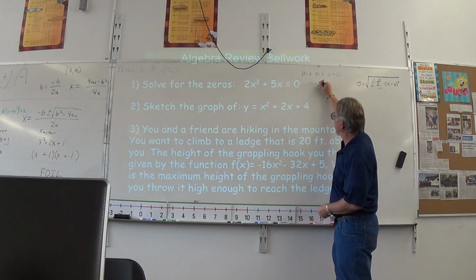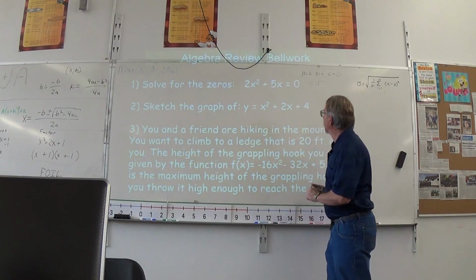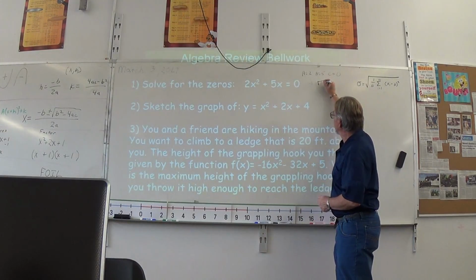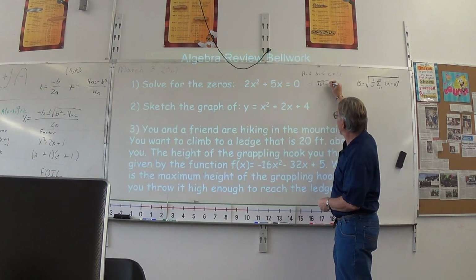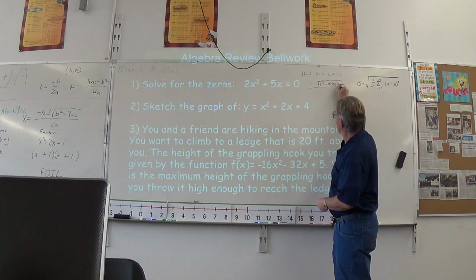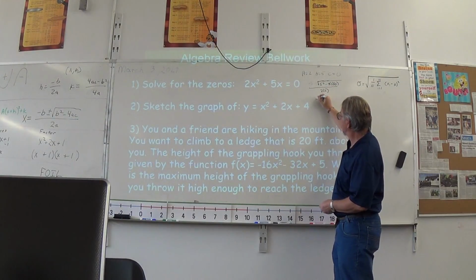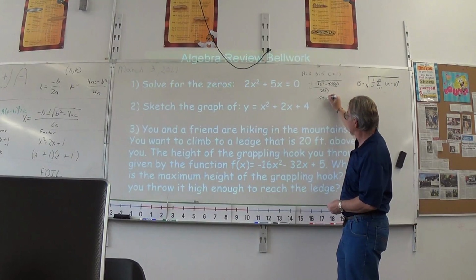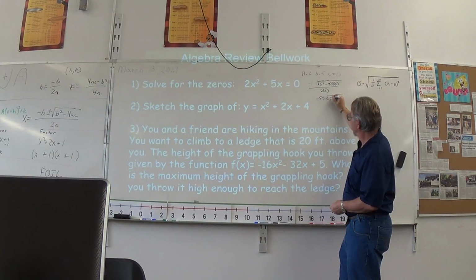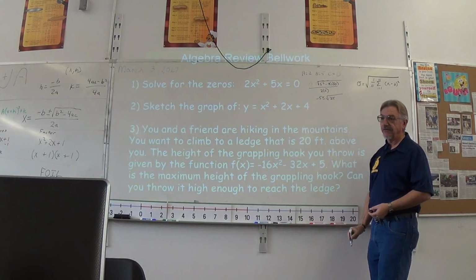Negative 5 plus or minus the square root of 5 squared minus 4 times 2 times 0, divided by 2 times 2, or negative 5 plus or minus the square root of 25, because 4 times 2 times 0 is going to give me a 0.